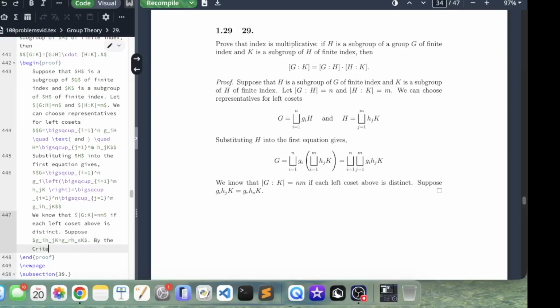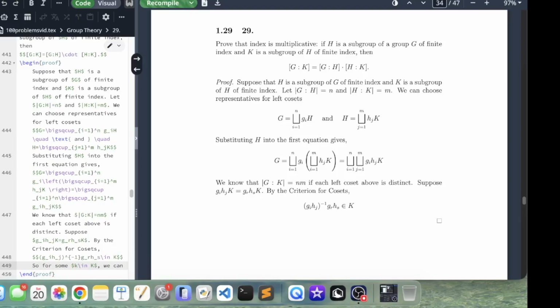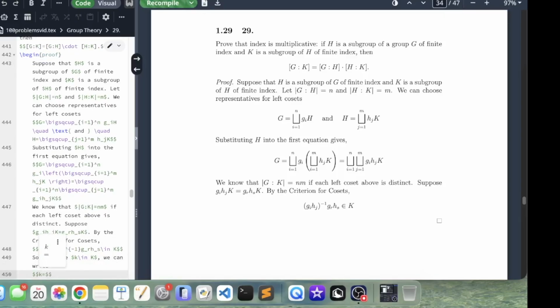By the criterion for cosets, we have that (g_i h_j) inverse times g_r h_s is in K. Okay, and so we know that this is an element in K. So for some k in K, we can write k equaling essentially this guy.